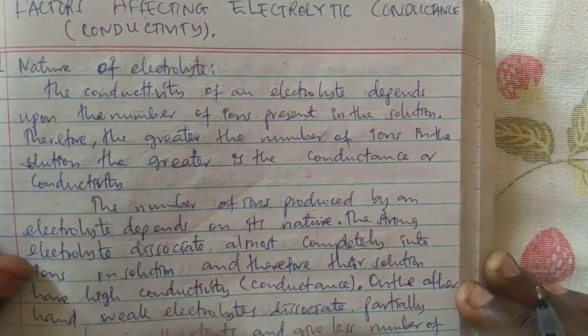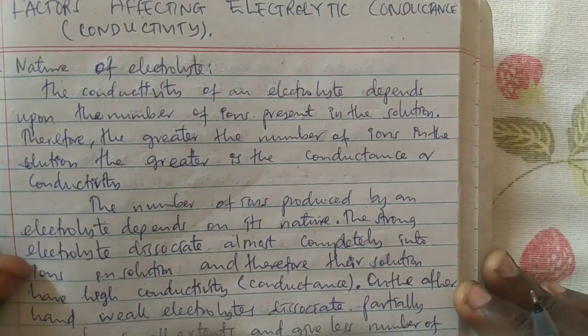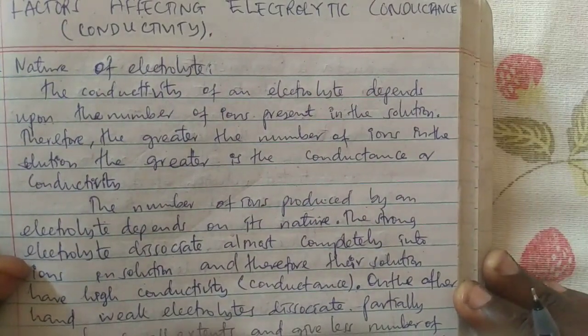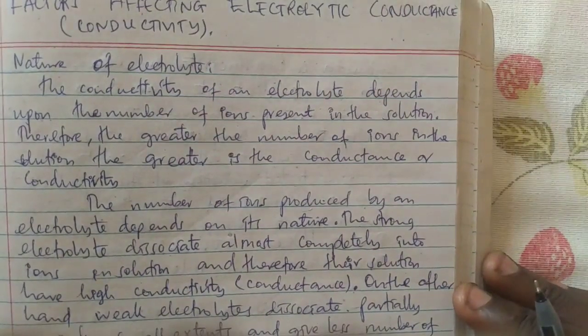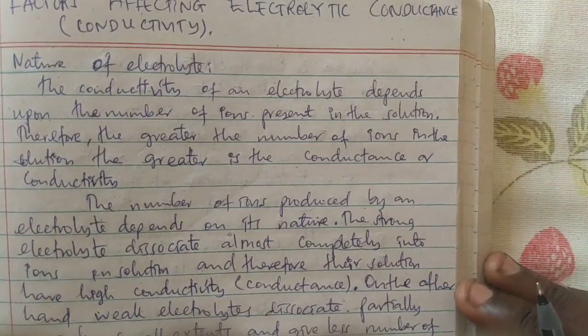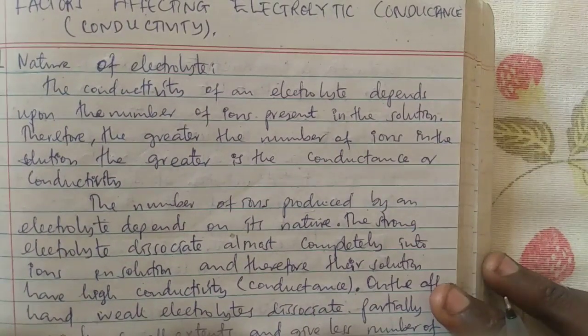Therefore, the greater the number of ions in the solution, the greater is the conductance or conductivity. The number of ions produced by an electrolyte depends on its nature.